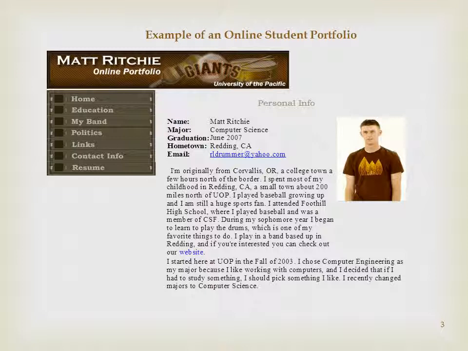Also on the left-hand side, you'll see options that you can click on. These will take you to other areas within his portfolio. He named one education to include his educational transcript that has his grades and what he took and everything under there. And then under band, he included all sports and hobbies.